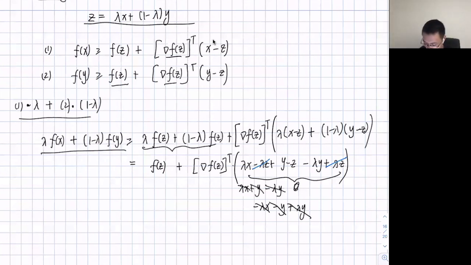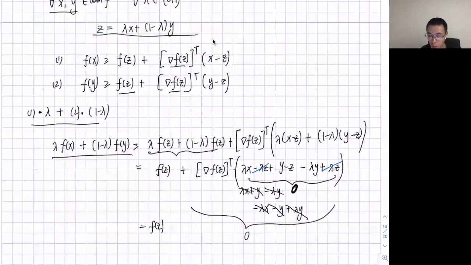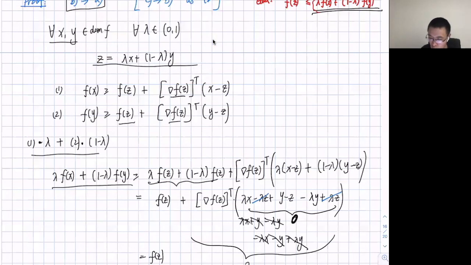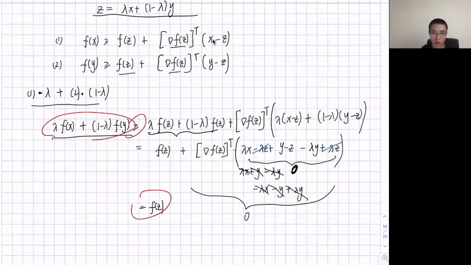So this term is a 0 vector, and this term is a 0 number, and it gives me f of c. Now you compare with your goal, you get it, right? This term is greater than this term. So this proves that if the first order condition holds, then the function must be convex, because I showed the convexity by definition.